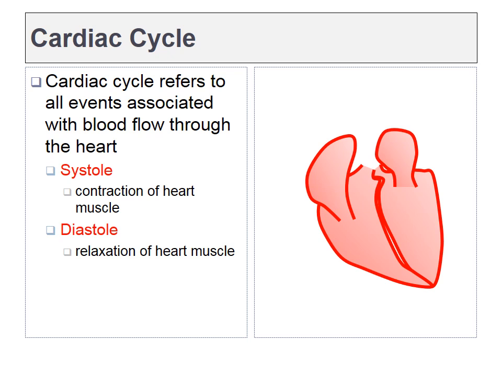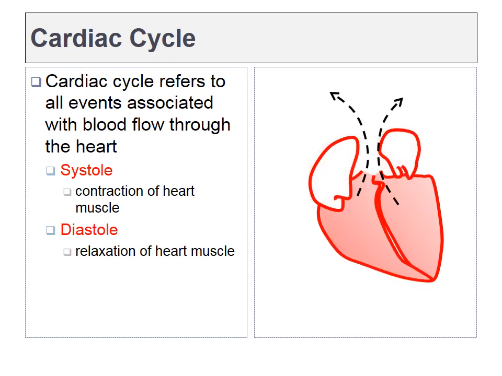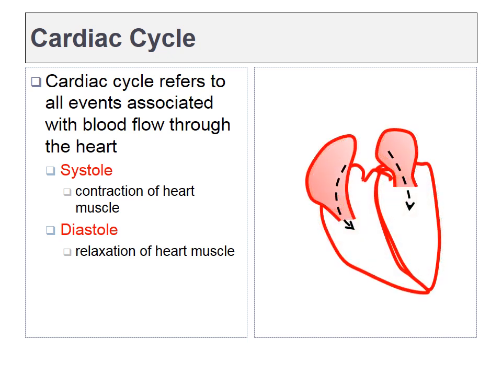You might have noticed on the previous slide it said systole and diastole, and I said contract and relax, but these are our new words now for contracting and relaxing. When the ventricles contract, we call that systole, and when the ventricles relax, we call that diastole. Now I've oversimplified.